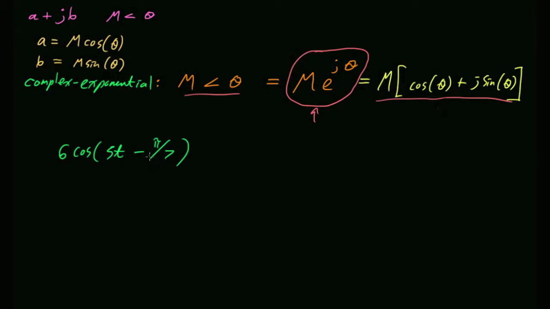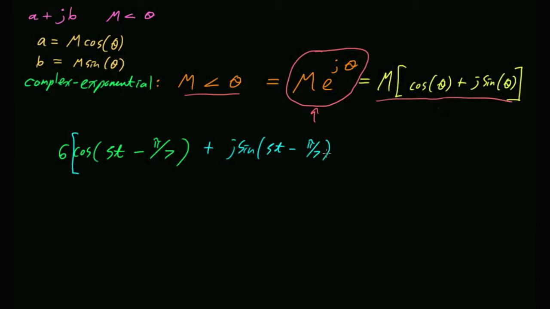So what I'm going to do is pretend that in addition to this cosine, I've also got plus j sine of 5t minus pi over 7, the same thing. So I'm going to pretend that I've got this imaginary hanger-on. And you'll see where I'm going with this in a second.